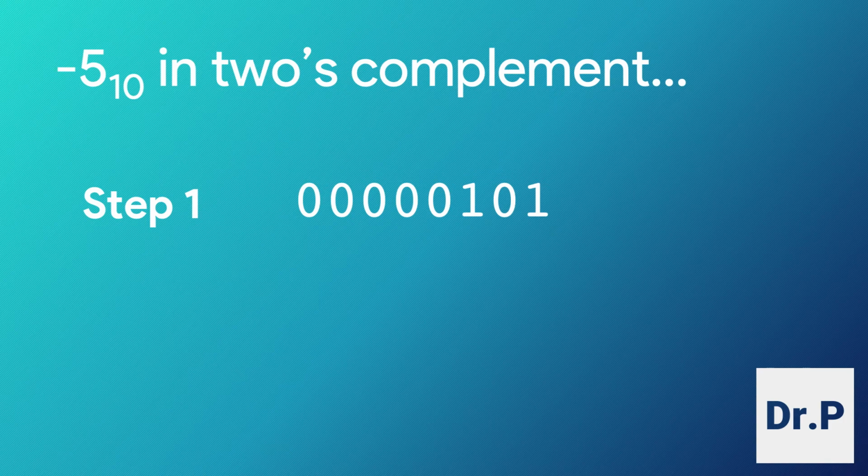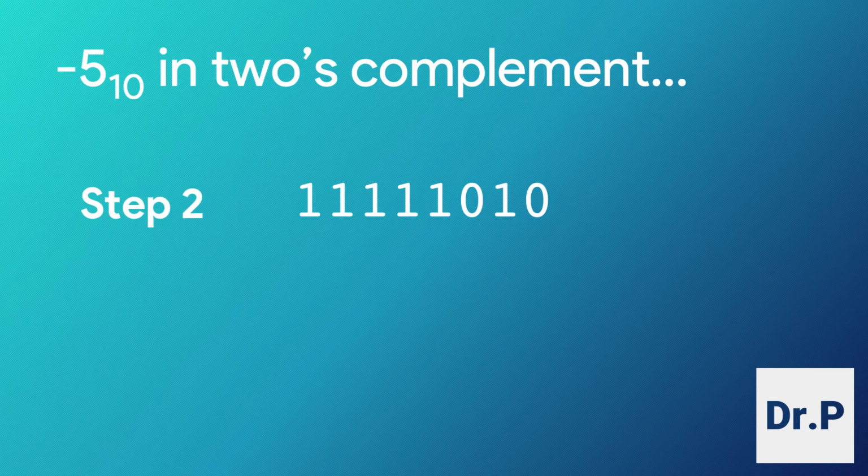And we know that because positive 5 has a 0 in the sign bit. Step 2 is to flip all of the bits. All of the 1s become 0s, all of the 0s become 1s. Step 3 is to add 1. That's it, that's all there is to it. Remember, we can kind of smell check our result here. There's a 1 in the sign bit, which it should be because we expect a negative number.